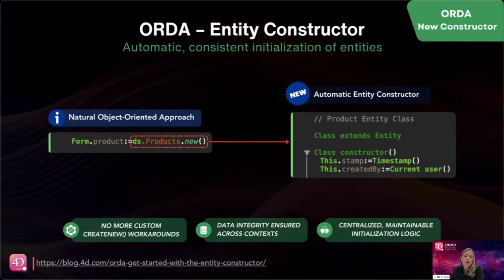You also avoid mistakes or inconsistencies across different parts of your app. Data integrity is ensured across contexts. And best of all, your initialization logic is centralized and easy to maintain, making your code base simpler, safer, and more predictable.